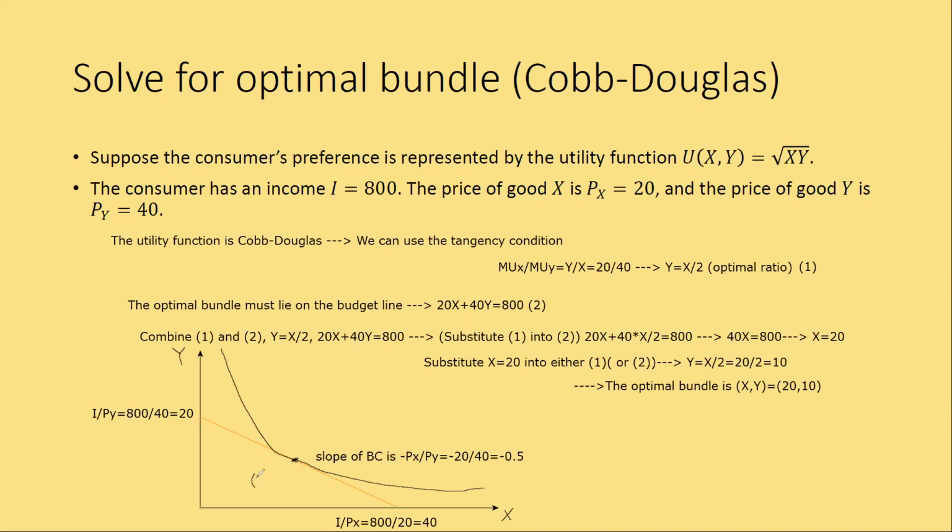At this optimal point, we know that this point is 20, 10, as we have solved for it. So this will be a graph representing our solution to this question.